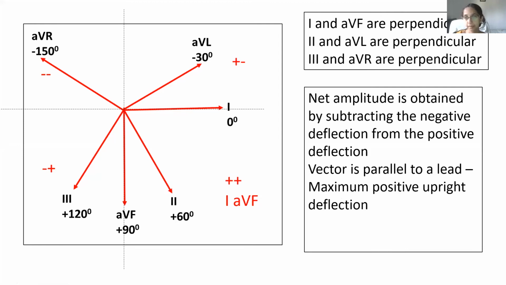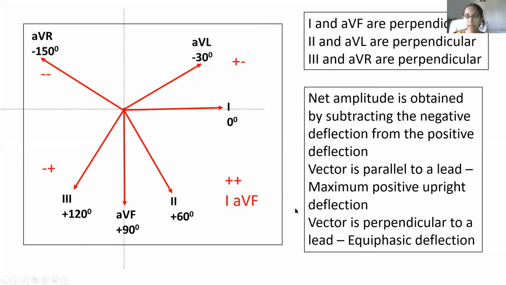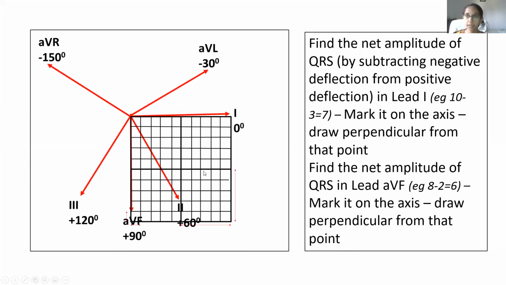If the vector is parallel to a lead, then the maximum positive upright deflection will come there. For example, if I have my maximum deflection in lead 1, then I know that my vector is parallel to this lead. And if my vector is perpendicular, I have an equiphasic deflection. If I have my vector going like this, then in lead 1, I have an equiphasic deflection. That means equal positive, equal negative.